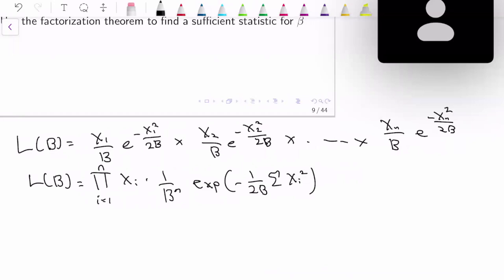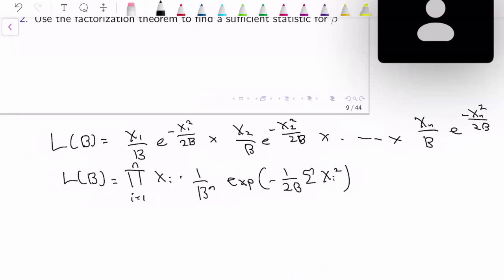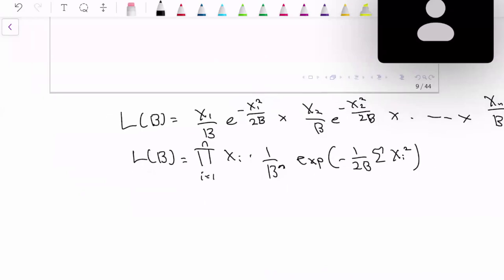Again, it's just combining these terms together. We have a product of xi's here. The betas are all constant, so it'll be beta to the n. And at the end, we're taking the product of a bunch of exponentials, so this becomes the sum. Hopefully this is nothing new to you. You had to do this on the midterm.